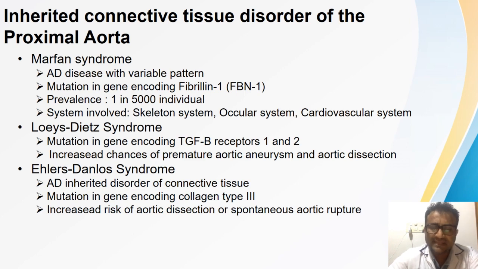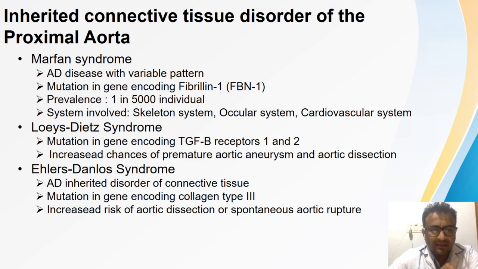Fibrillin 1 is a glycoprotein, an important component of the elastic fiber of the extracellular matrix of the connective tissue. The prevalence of Marfan syndrome is 1 in 5,000 individuals. Marfan syndrome involves various systems of the body, including the skeletal system, ocular system, and the cardiovascular system.